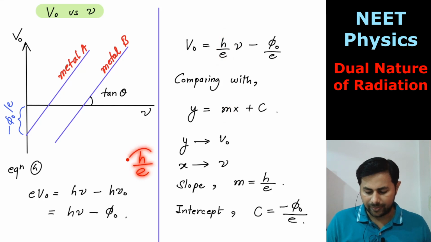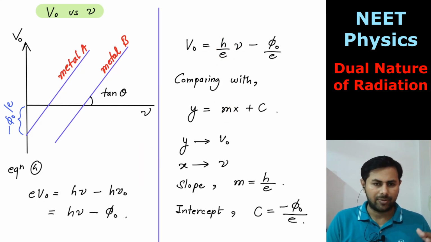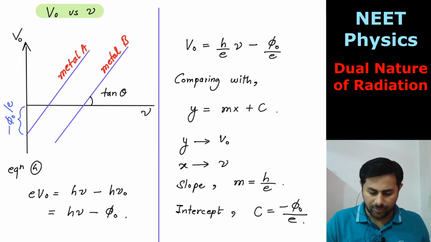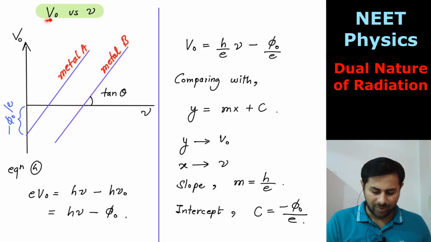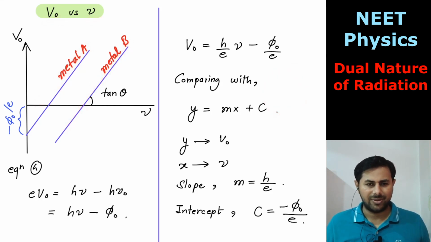h by e. So no matter what kind of metal you take, the slope of this graph would be just h by e. So there might be a question in NEET that the slope of the stopping potential versus frequency graph is the same for all metals.